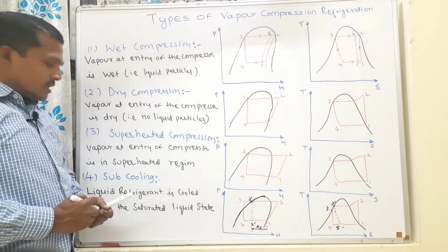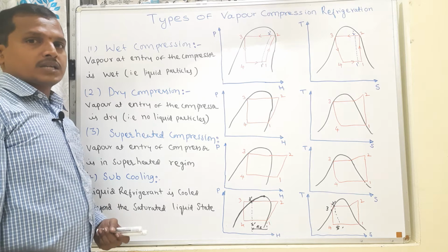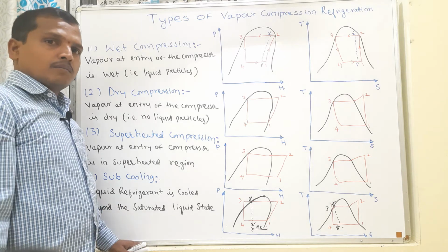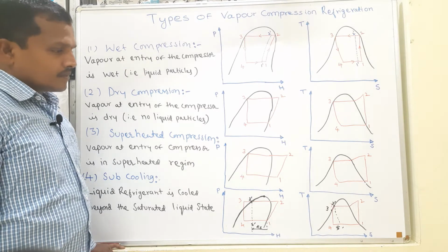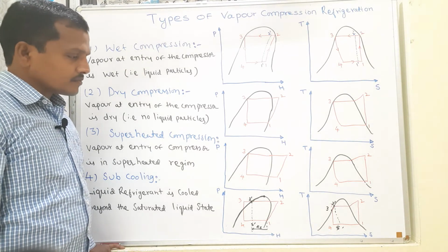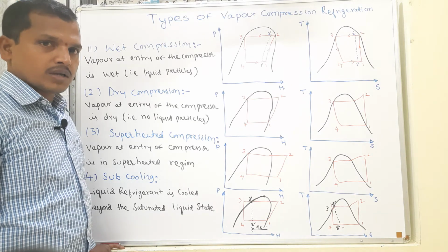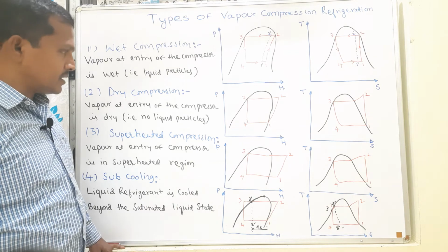If the saturated liquid is cooled beyond the saturated liquid line, we will get more refrigeration effect. So to increase the refrigeration effect, cooling beyond the saturated liquid line is better.